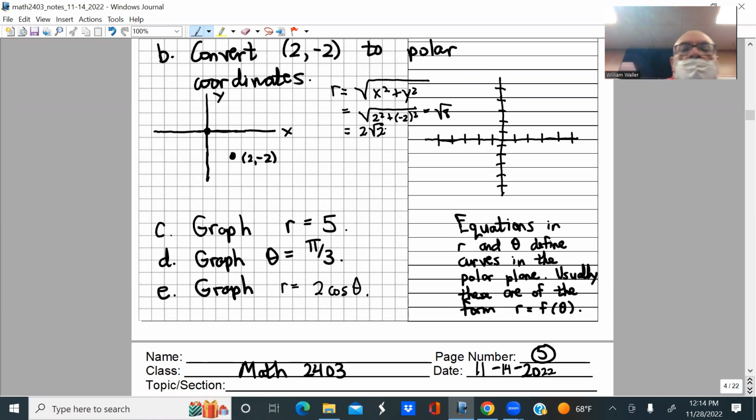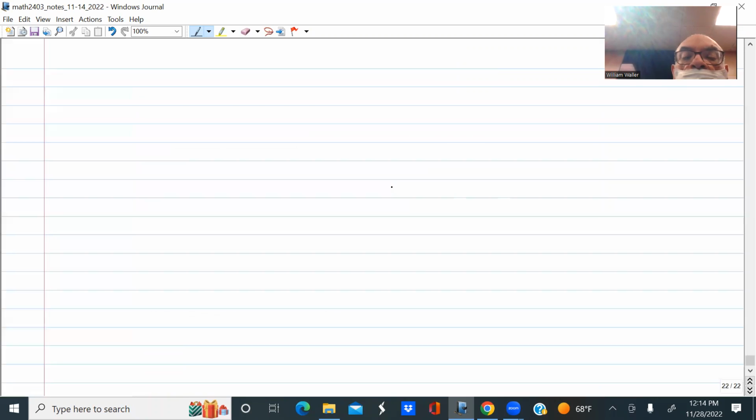And now the theta, though, is the one that's a little bit tricky sometimes. So we have arctangent of y divided by x. So that's going to be the arctangent of -1, right?